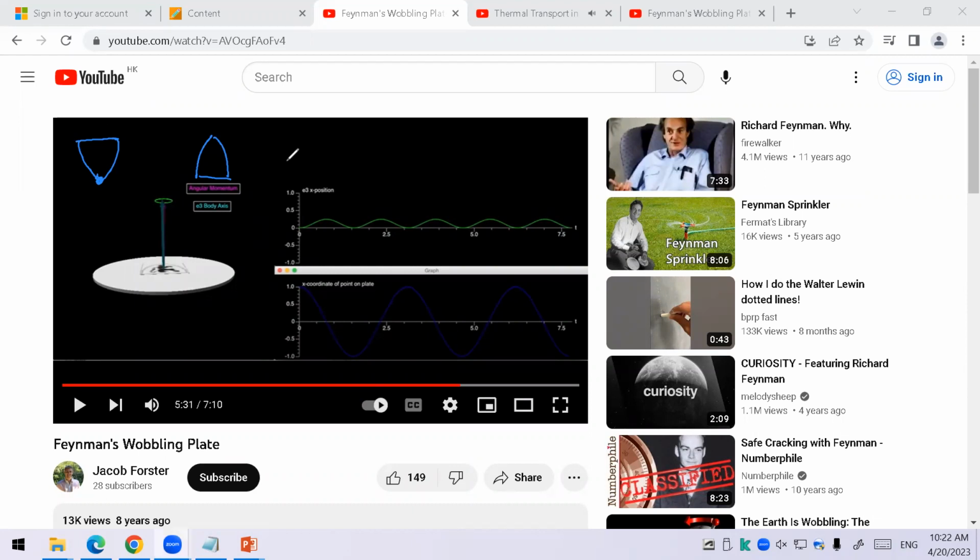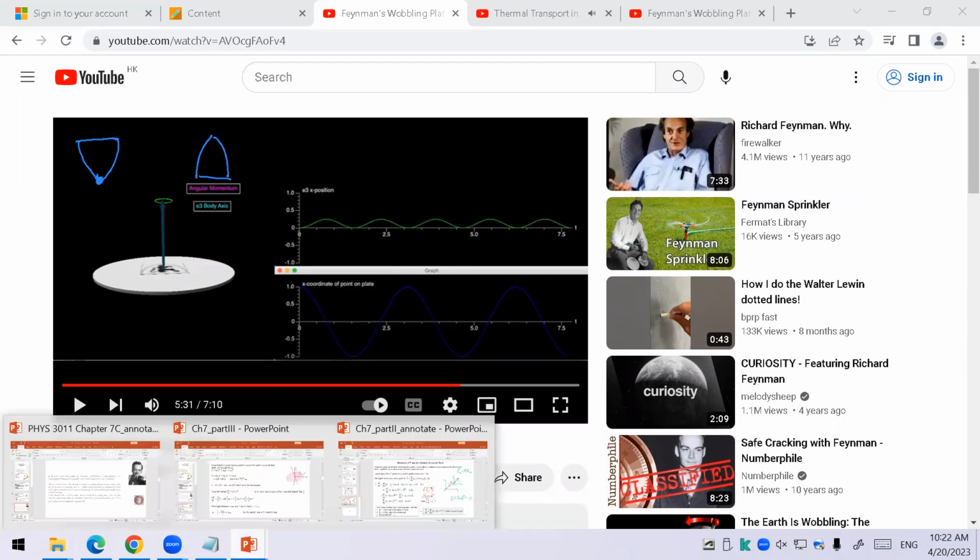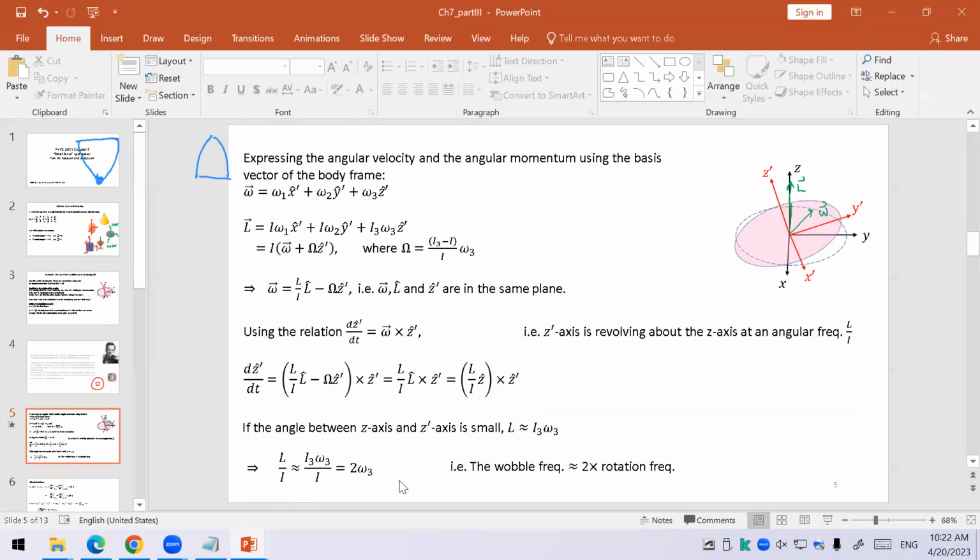So that is, the period of rotation is double the period of wobble, right? That is to say, the wobbling frequency is double the rotational frequency.